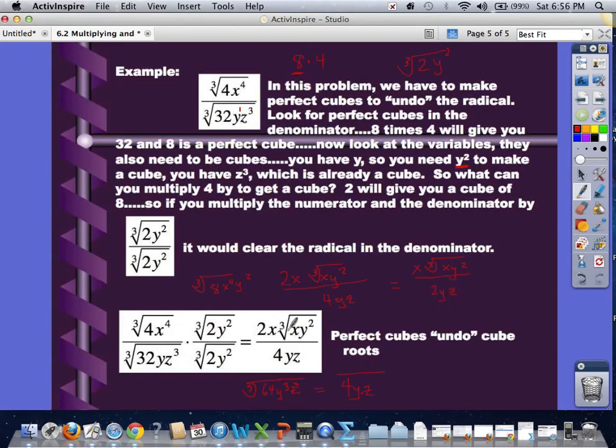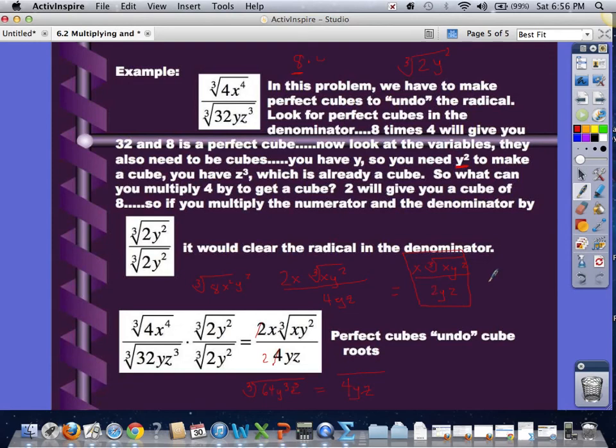Okay, so this actually simplifies to 1, and this simplifies to 2. This would be my simplest final answer.